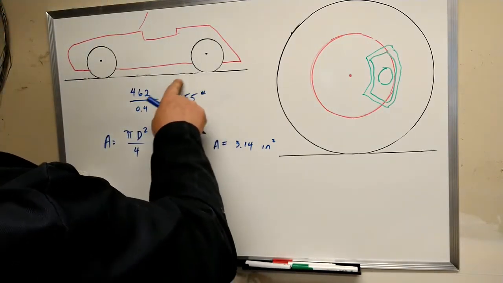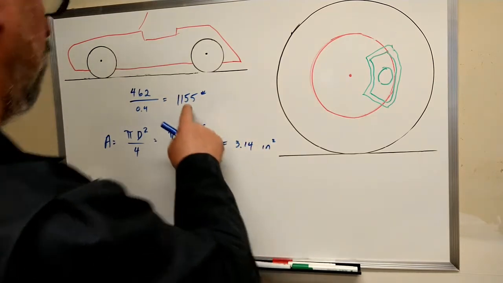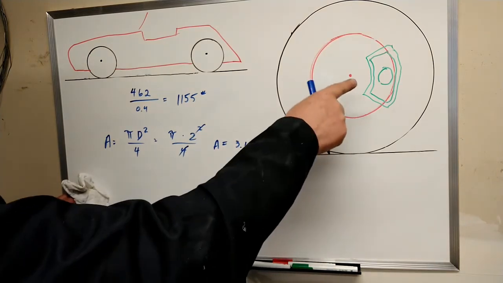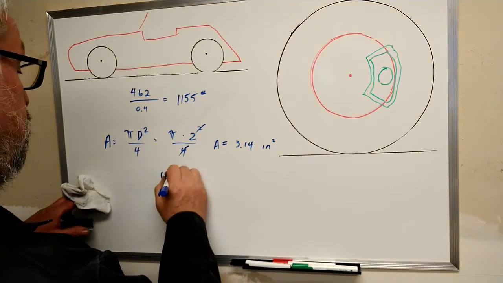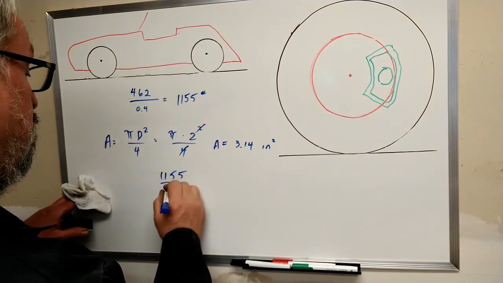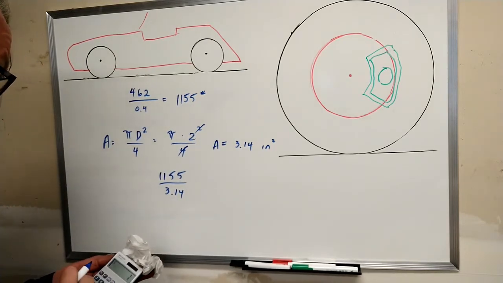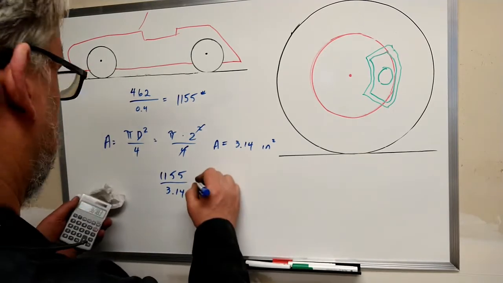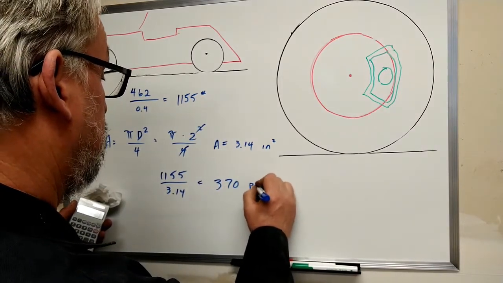So this force has to be generated by this area. This divided by this will give us the pounds per square inch that has to be driving that piston. So it's 1155 over 3.14, about 370 psi.